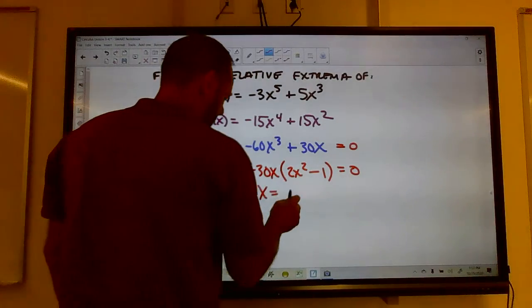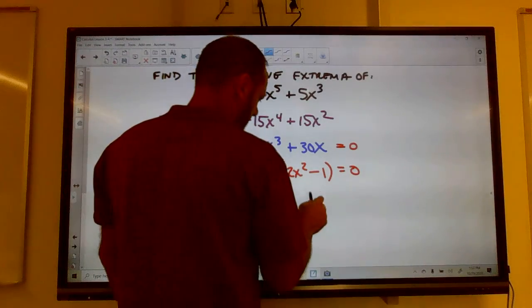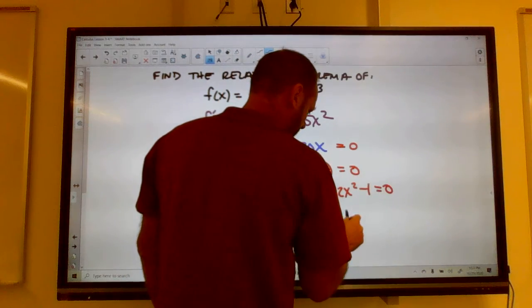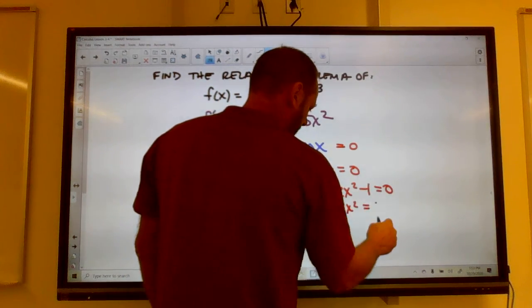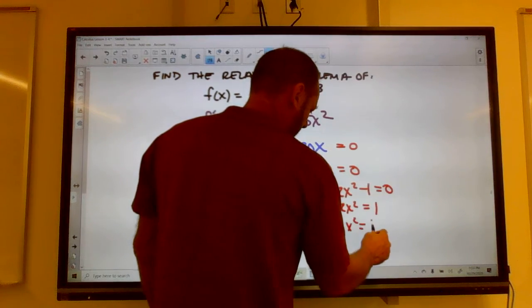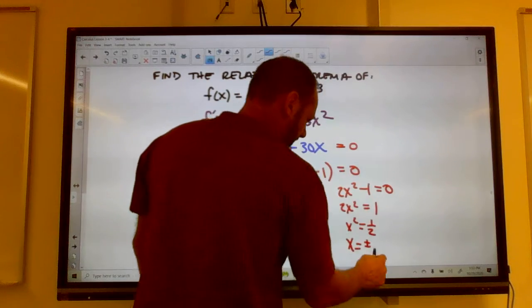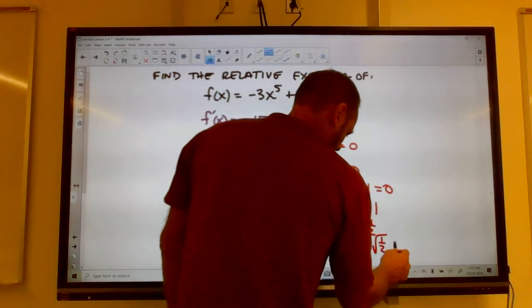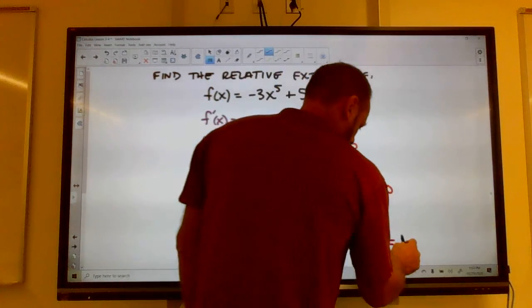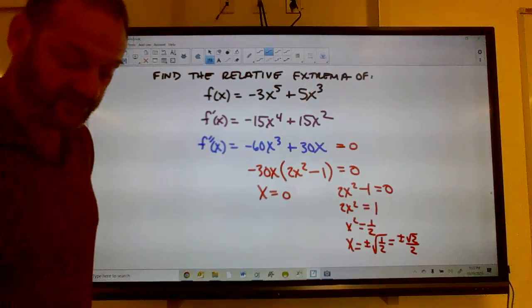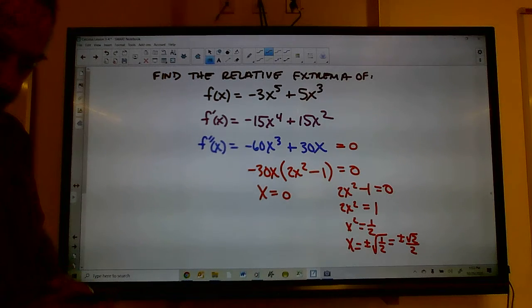So x is 0, and 2x squared minus 1 equals 0, so 2x squared equals 1, so x squared is 1/2. And x is plus or minus the square root of 1/2, which is plus or minus square root of 2 over 2. So this has 3 inflection points.